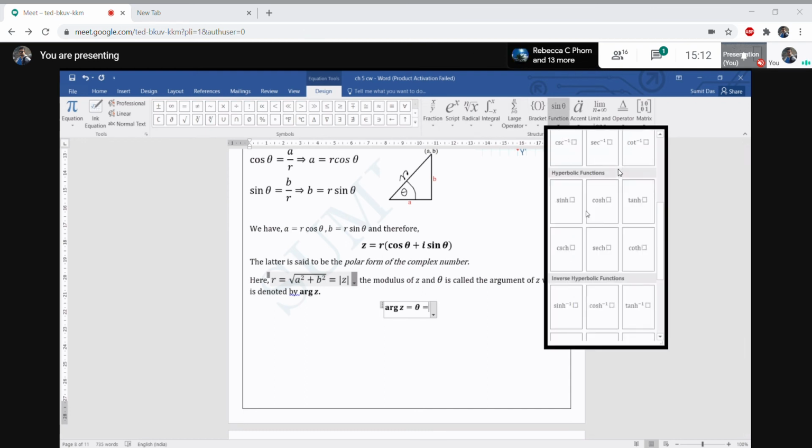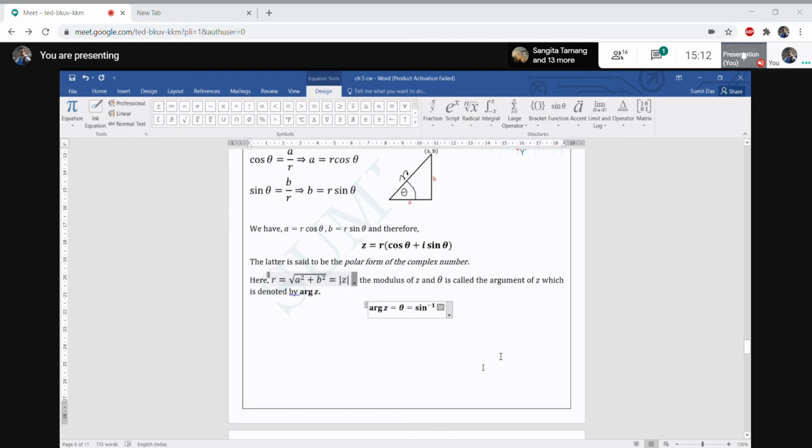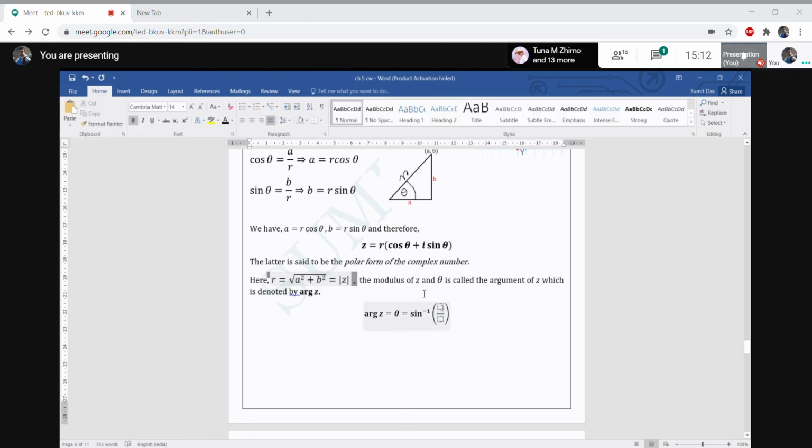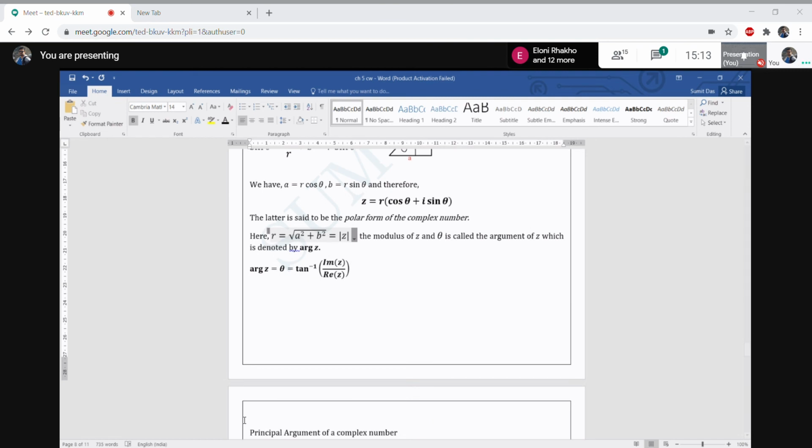But yeah, we can write like this: tan inverse of imaginary part of z.